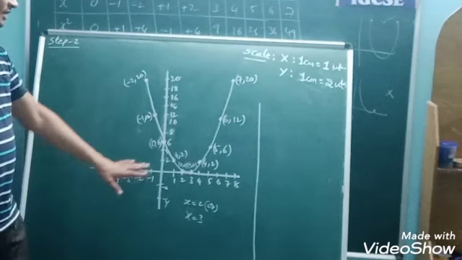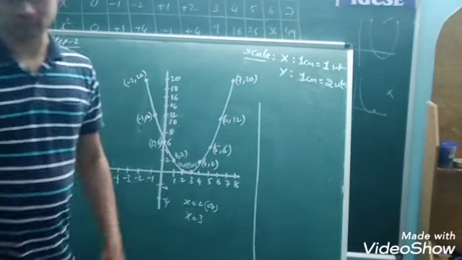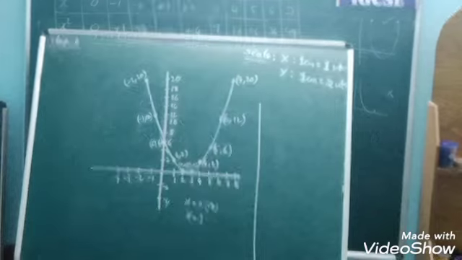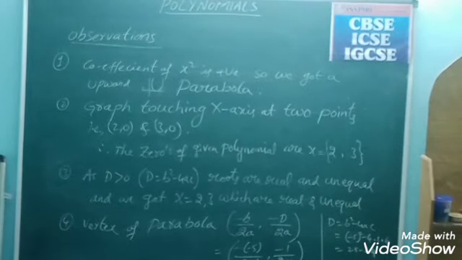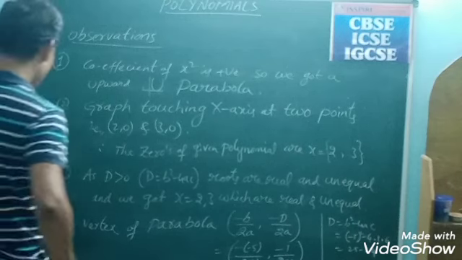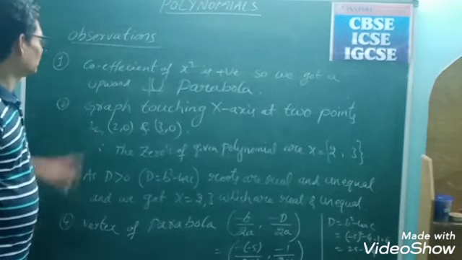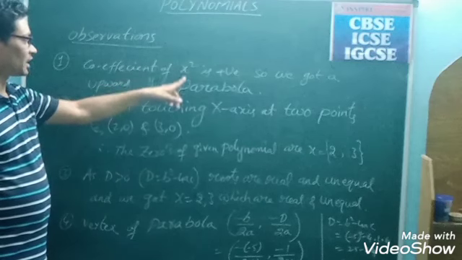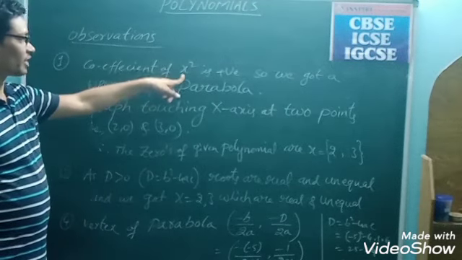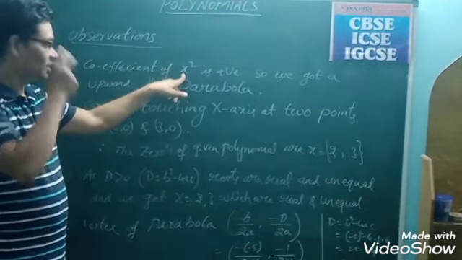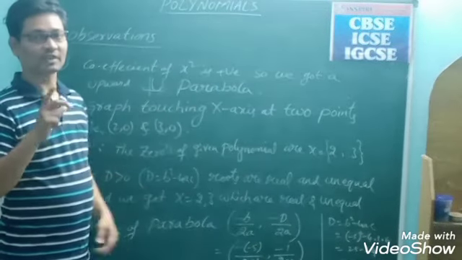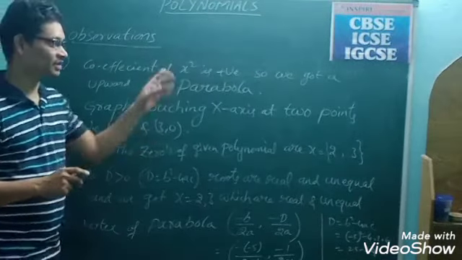Let us discuss the observations now. Let us continue. If you have observed the graph, in the polynomial x square minus 5x plus 6, the x square coefficient is positive.